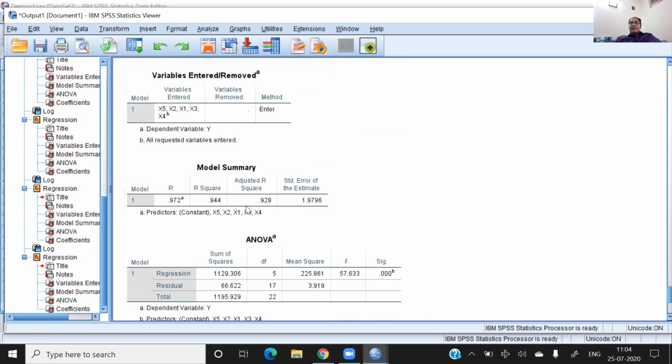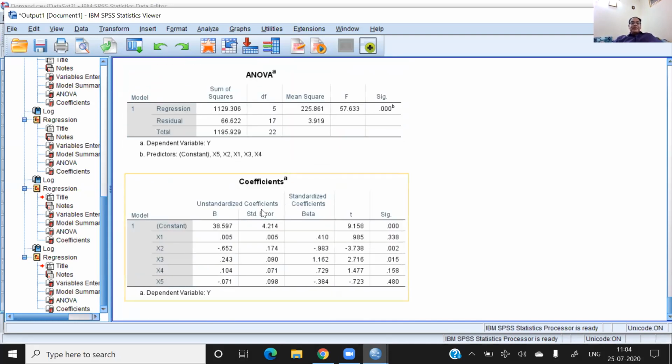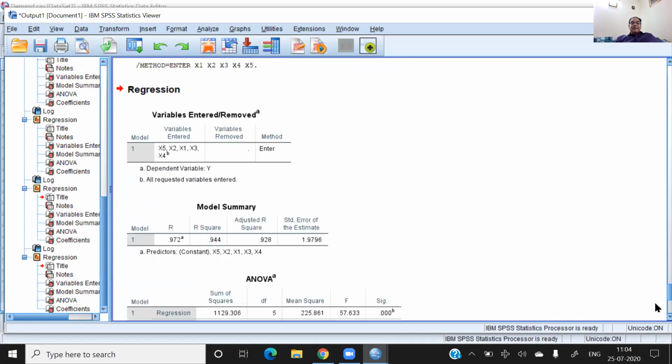So in this case, can we keep x5 in the regression or not? x5 is creating a problem, because after adding it, the adjusted R square decreases. So we should not keep the x5 variable in the regression model.